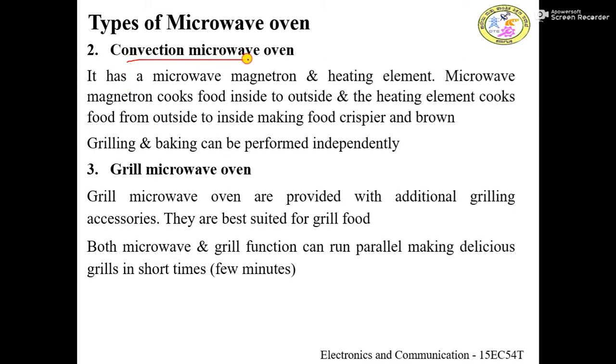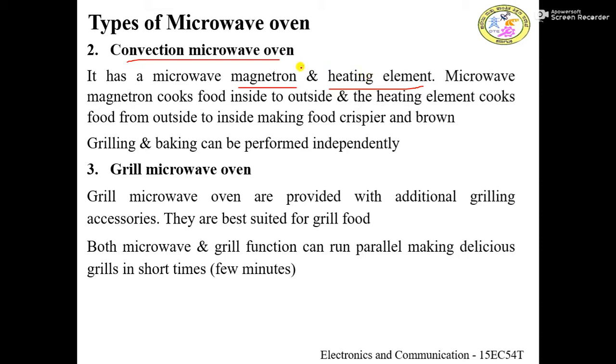Next one is the convection microwave oven. This is a kind of microwave oven where you find a magnetron as well as a heating element. Magnetron is responsible for generating the microwaves. These microwaves heat the food from inside to outside, whereas the heating element heats the food from outside to inside.